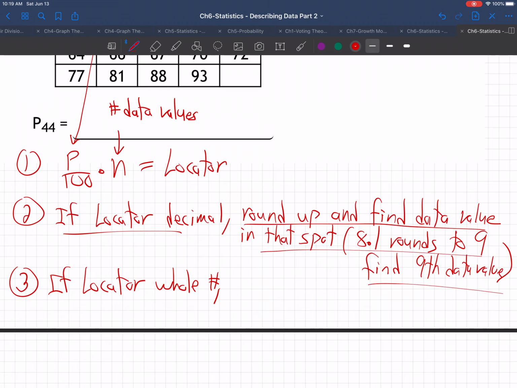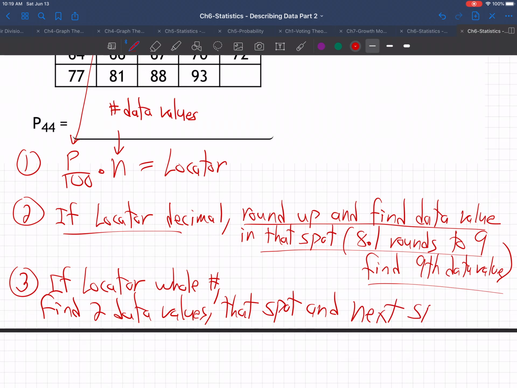If it's a whole number, I'm trying to be more clear: find 2 data values, that spot and the next spot, add them and divide by 2. In other words, the average. You average them in that case.